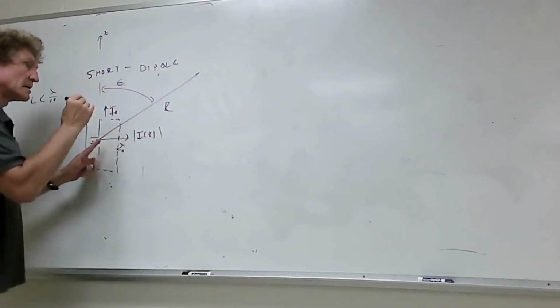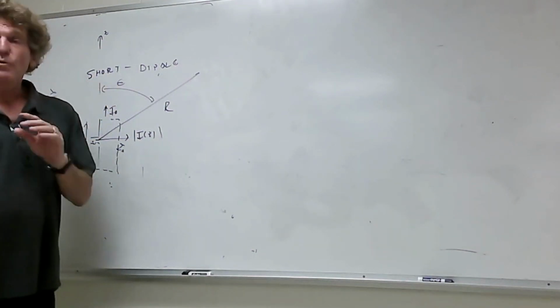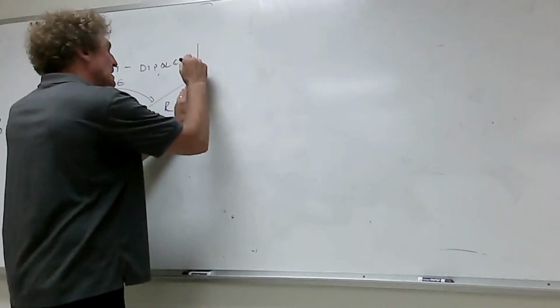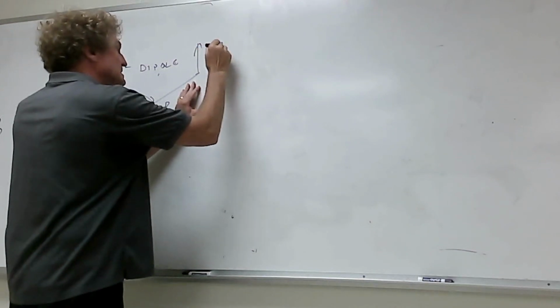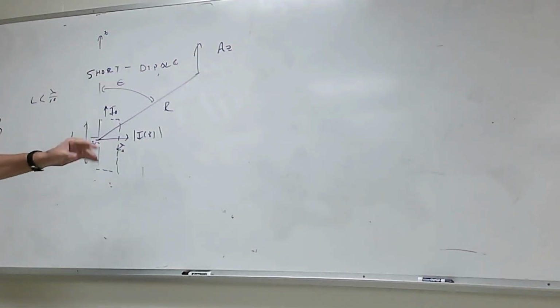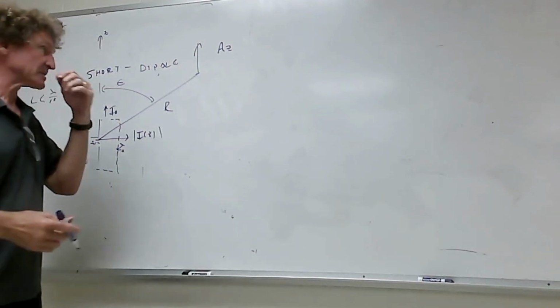Now, if you assume that current and you come a distance r away, and the angle here is theta, then what you end up getting is a magnetic vector potential AZ associated with this short dipole, not infinitesimally small.